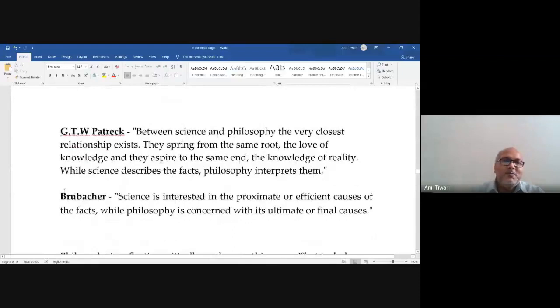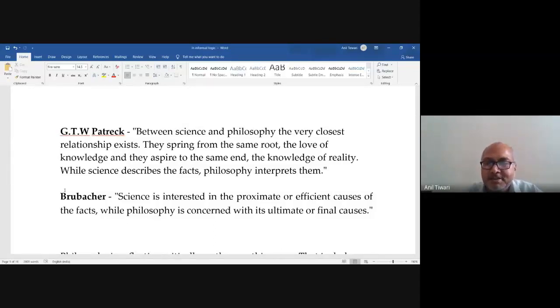Look at what G.T.W. Patrick is saying about the difference between science and philosophy. Between science and philosophy, the very closest relationship exists. They spring from the same root, which means they ask the same questions, maybe similar questions, with the intention to seek the truth.